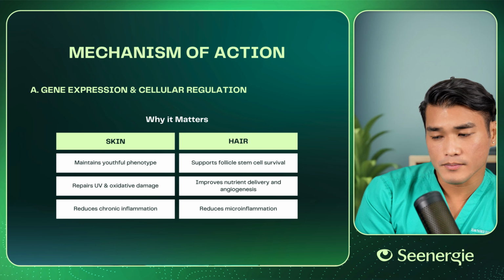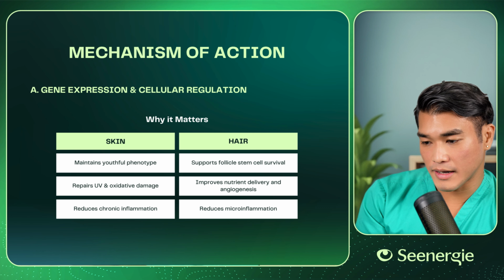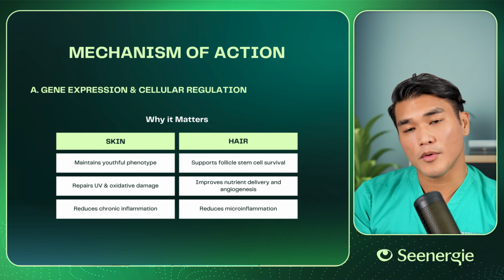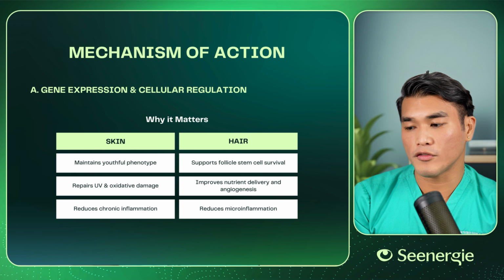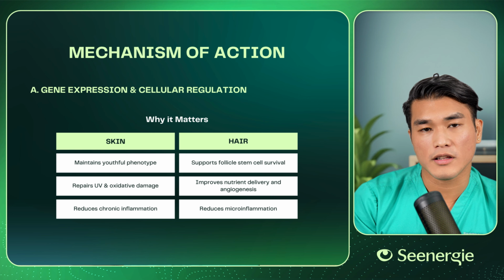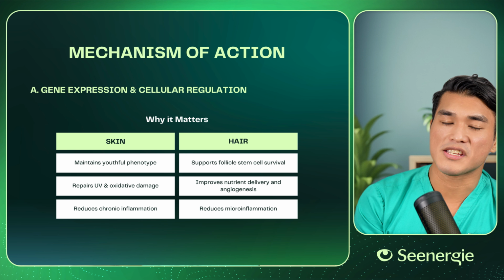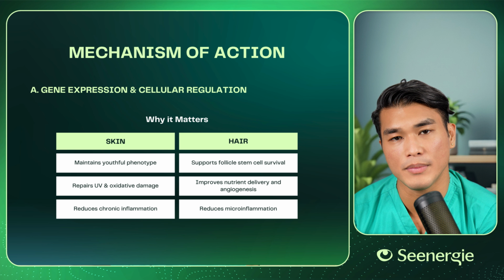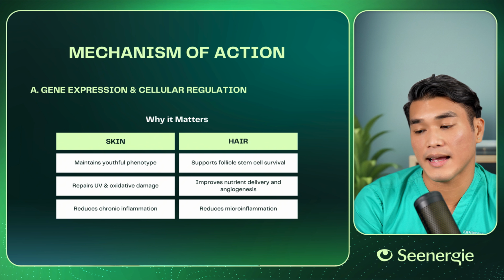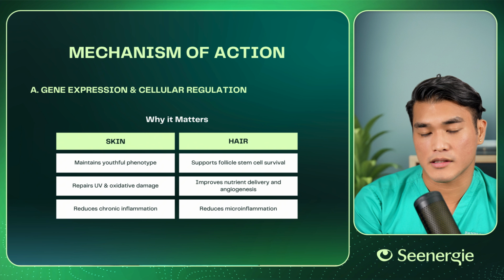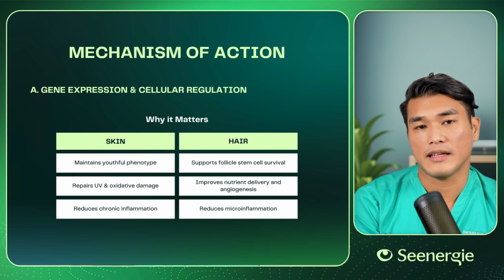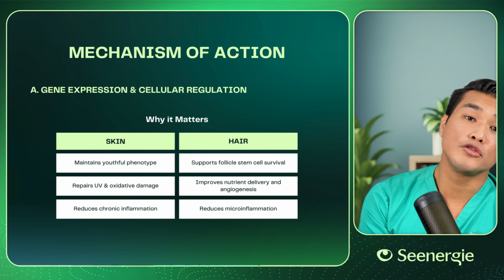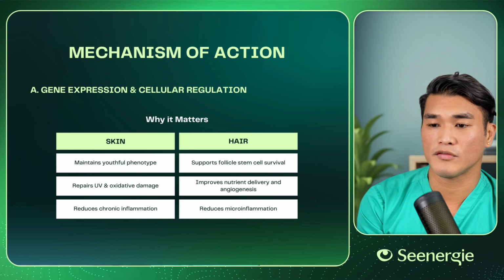For the hair, on the other hand, it also promotes a healthier gene expression profile that supports your follicle stem cell survival. Basically, the stem cells that are in charge of keeping your hair follicles healthy, alive, and young. It's also very useful in nutrient delivery and in angiogenesis, or the creation of new blood vessels, particularly with VEGF.